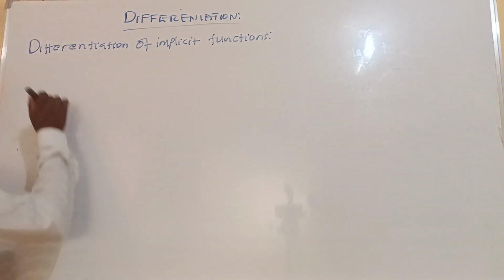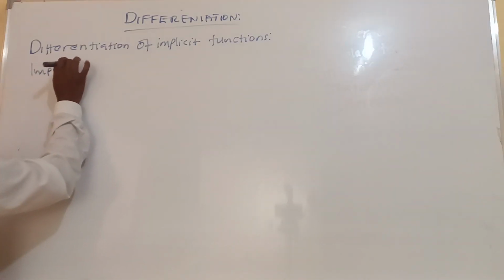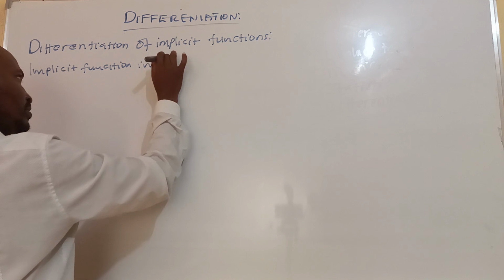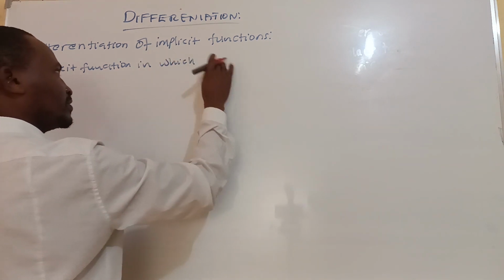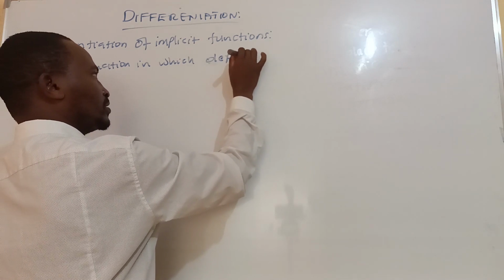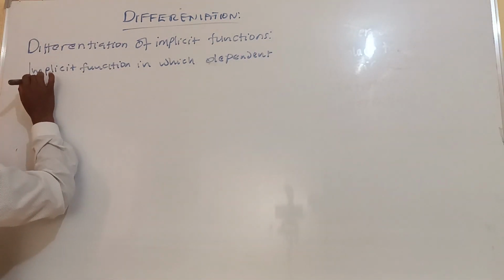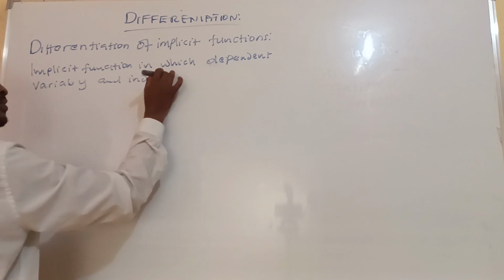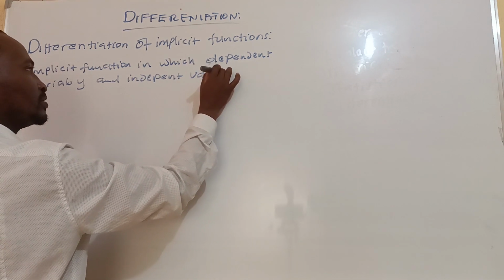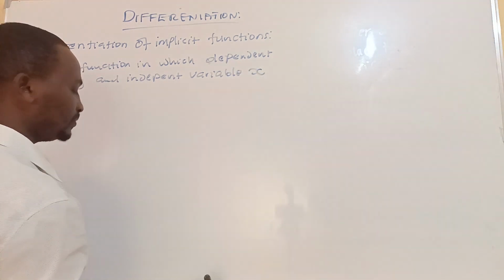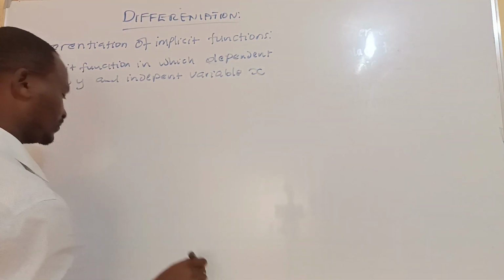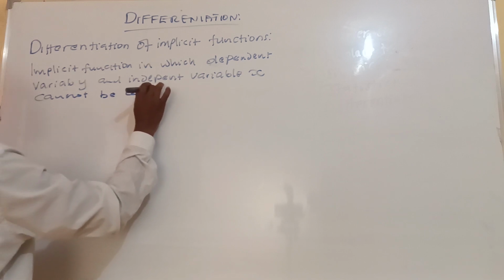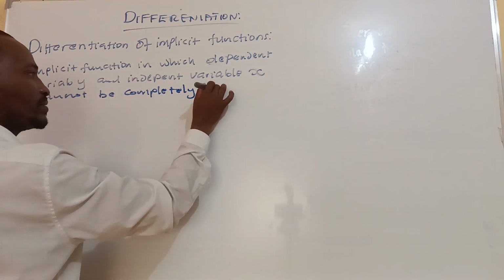But what is an implicit function? An implicit function is a function in which the variables, the dependent variable y and the independent variable x, cannot be completely separated.